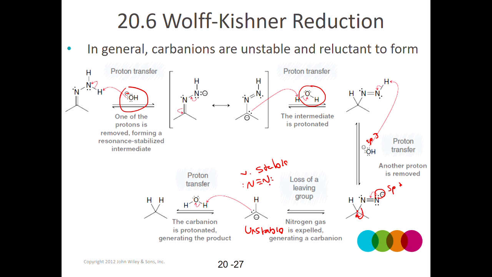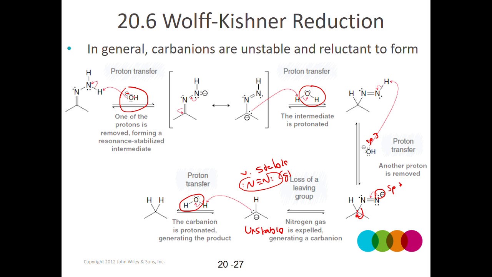So the N2 could act as an electrophile, and the carbon could attack it again, and we could go back. But since this is a gas, it starts to bubble out of the reaction and just basically leave. It can't really come back and be attacked by the carbon readily. And since there's water all over, the carbon would just pick up a proton quickly from water and form this product. And that, again, regenerates another OH minus.